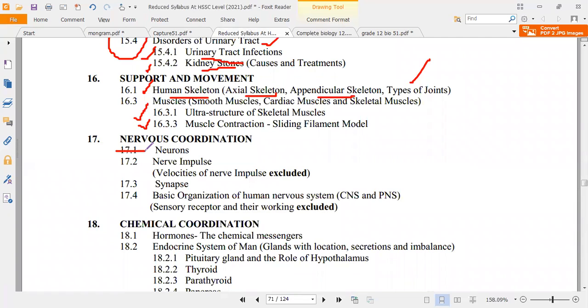In nerve impulse, all of it, its passageway, its process, is included except this topic, which is a subtopic of this chapter, so that is excluded. In synapse, all the subtopics are included. And in 17.4, basic organization of human nervous system, CNS and PNS are included, but sensory receptors and their function are excluded.